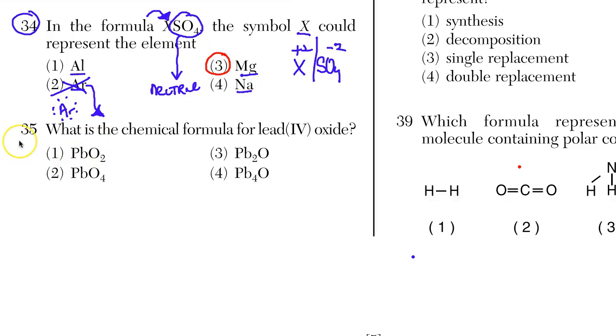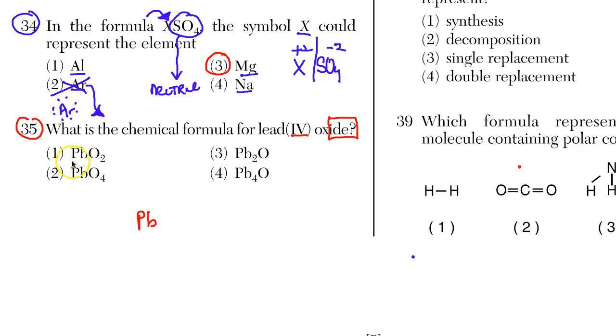All right, 35. What is the chemical formula for lead Roman numeral 4 oxide? What is that? Okay, well, first of all, the -ide ending is screaming that I have a binary compound. So lead is, well, if you didn't already know, the symbol Pb.